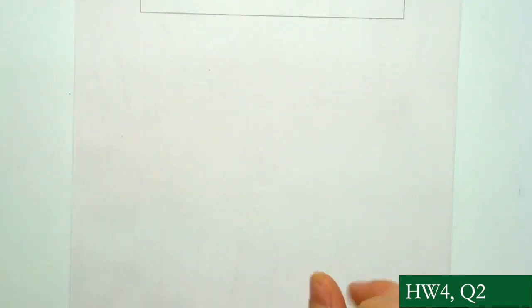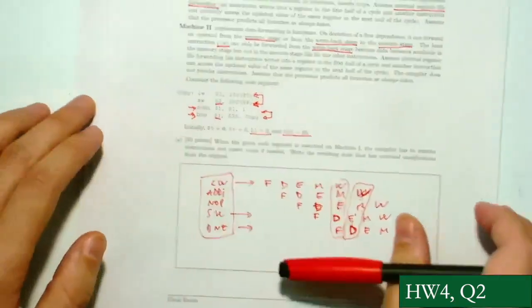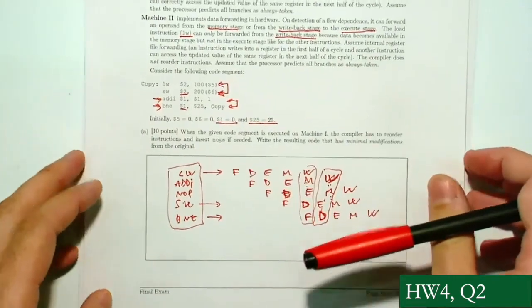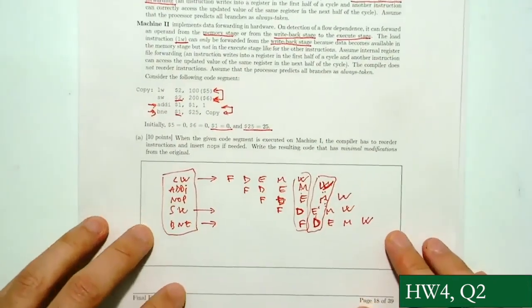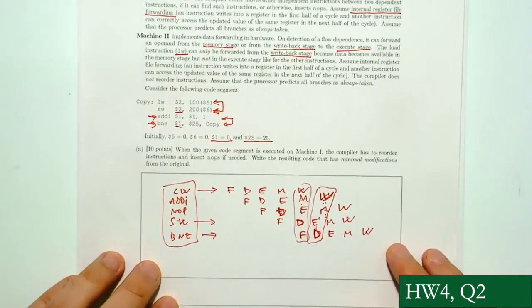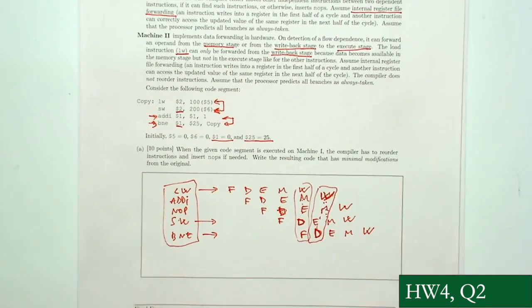So next question. What's not specified here is the branch resolution latency. Are branches evaluated in the decode or not? It doesn't specify here. Usually when something is not the case, it specifically says it does not have it, but here it's basically left out.